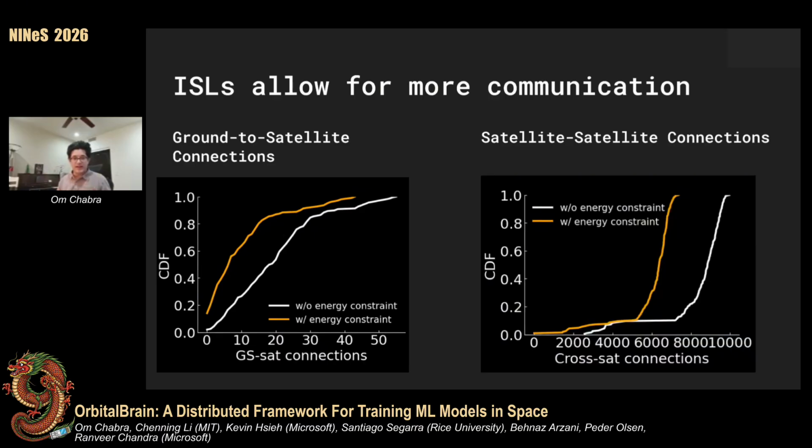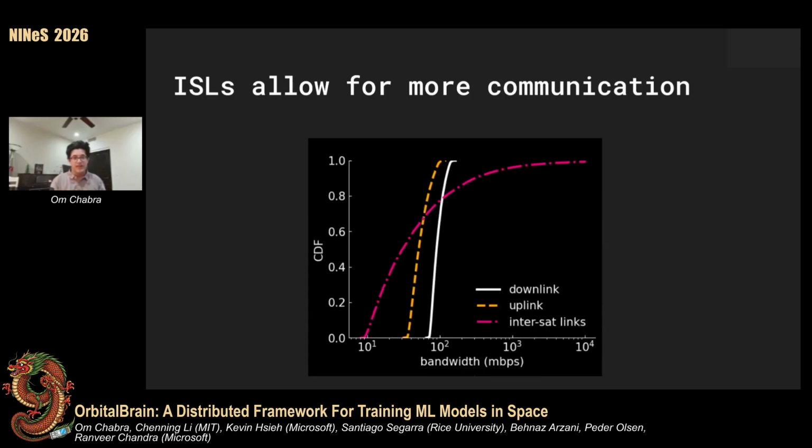Now, on the other hand, if we look at the amount of satellite to satellite connections which are possible, you'll see on the order of 10,000 connections are possible. And even if we consider energy, you'll see that it only drops to around 5 to 6,000. So these allow for much more frequent communication patterns, unlike the ground to sat connections, which you have to wait many hours to connect to.